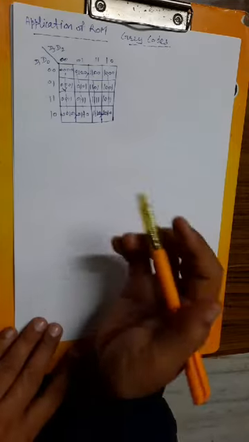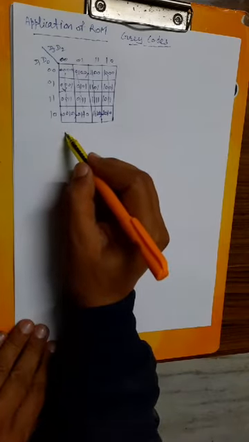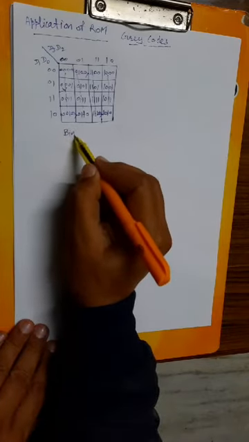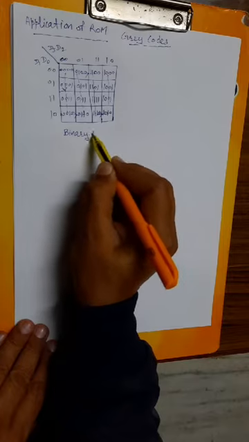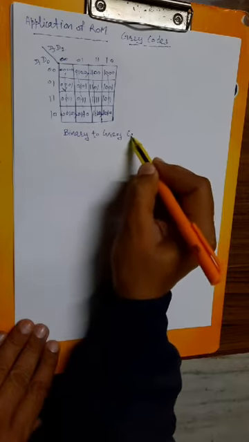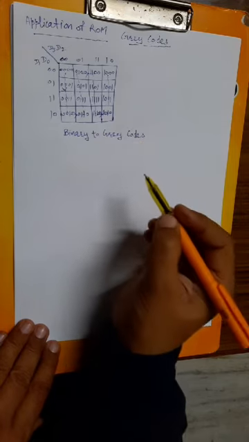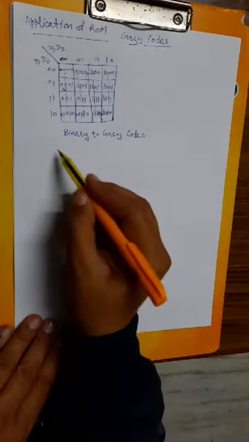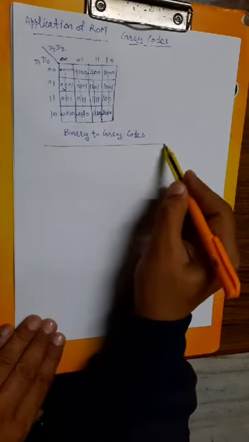So for binary to gray code, we draw the table as follows.